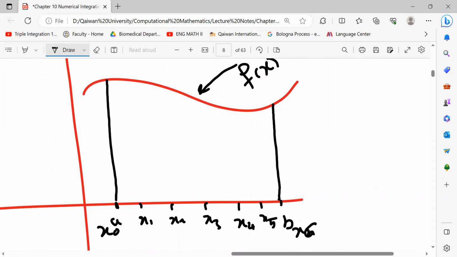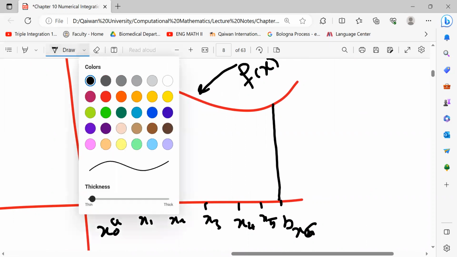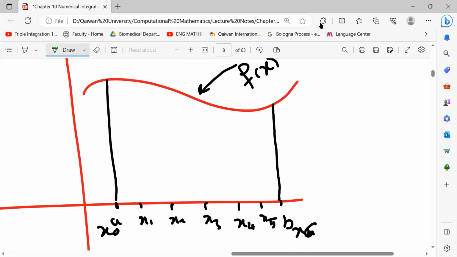Now, to evaluate this integration by using the trapezoidal rule, what we do? We need to make 6 trapezoidal shapes. Look, it's like this. Then we have this.